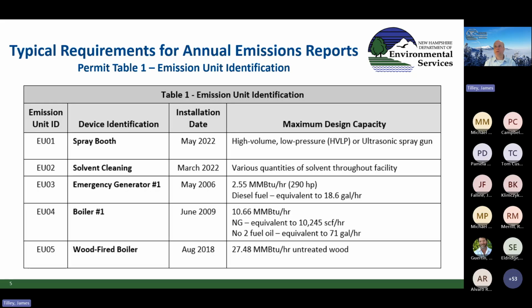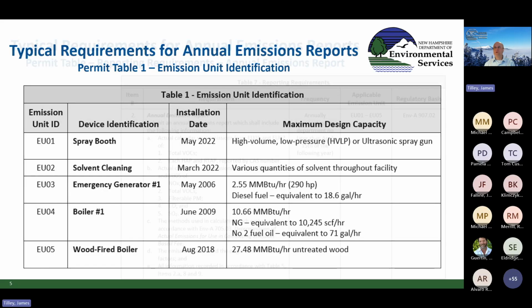This is your starting point for understanding how your annual emissions report should work, and also what you will see in SLEIS. In this particular example, I've got some spray booths, some cleaning, probably associated with that spray booth, an emergency generator, a boiler that burns natural gas and number 2 fuel oil, and a wood-fired boiler.